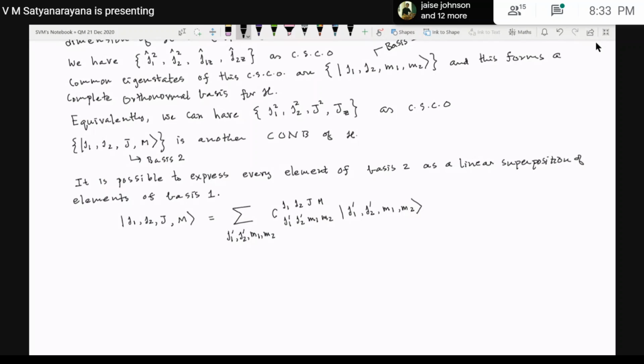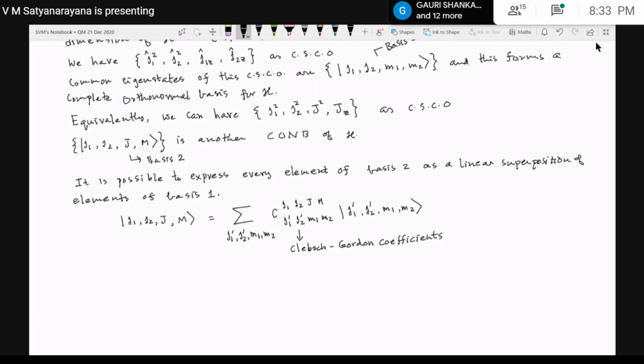This particular coefficient is called the Clebsch-Gordan coefficient. These are called Clebsch-Gordan coefficients.